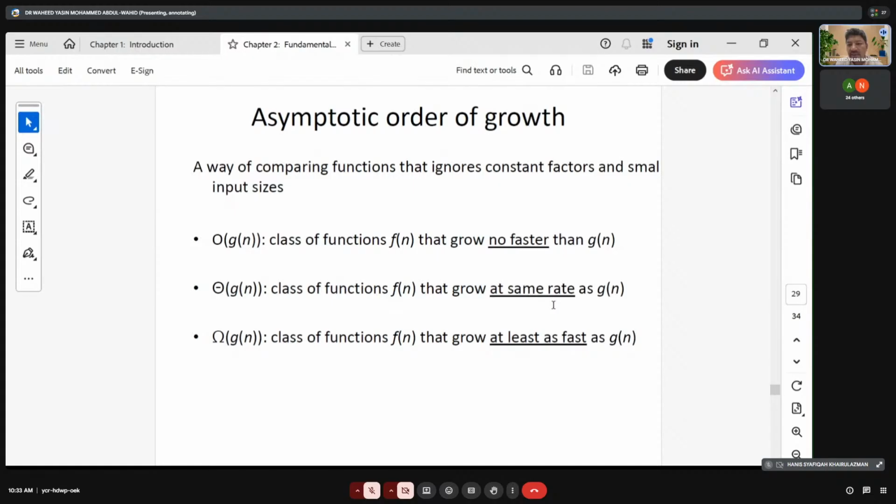So same rate, at least as fast, no faster than g(n). Here g(n) is the upper bound, here the lower bound, and here between.